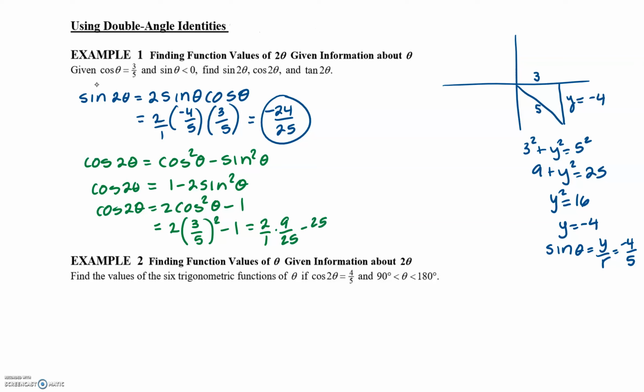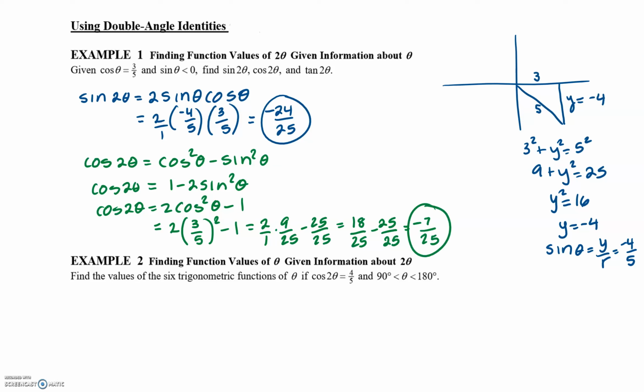So I'll make it minus 25 over 25 because that's minus 1. So that would be 18 over 25 minus 25 over 25, which is negative 7 over 25. That would be the answer to the second one.